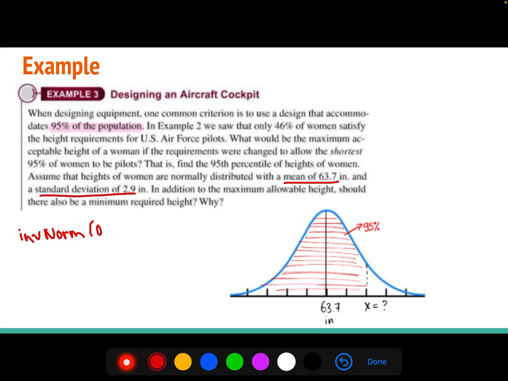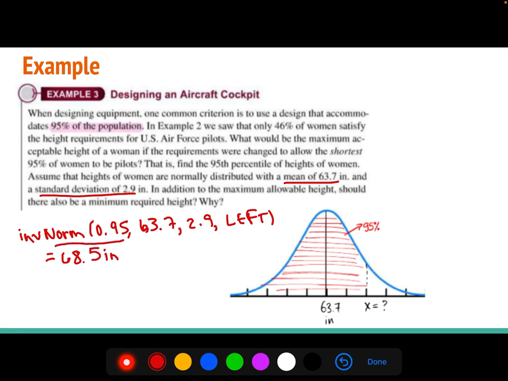So the inverse norm, because we have the area, 95%. And we have 63.7 is the mean, 2.9 is the standard deviation, and we want the left because everybody's going to be shorter than this.